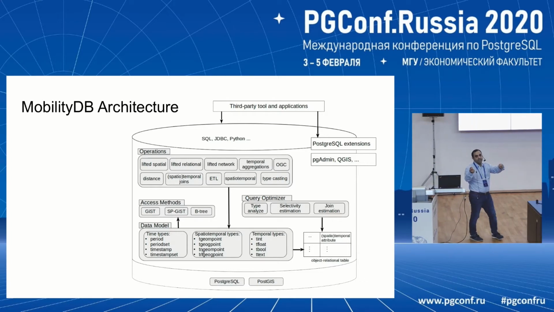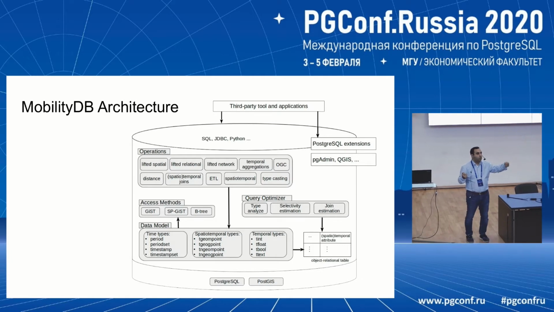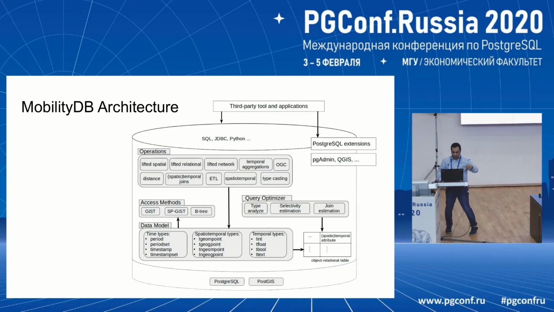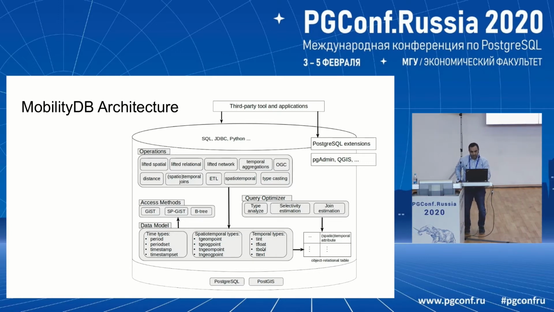You can have the points represented as absolute coordinates, latitude and longitude, or with reference to the road network. So the point would be a road identifier and a fraction on a road where the location of a car, for example. But also the temporal types like temporal int, temporal float, and so on. These types can be used as attribute types inside a table.